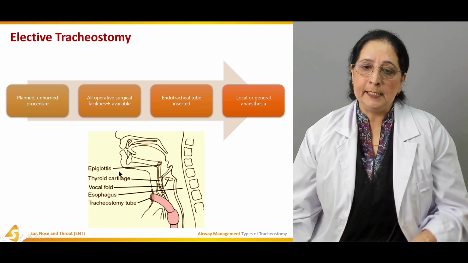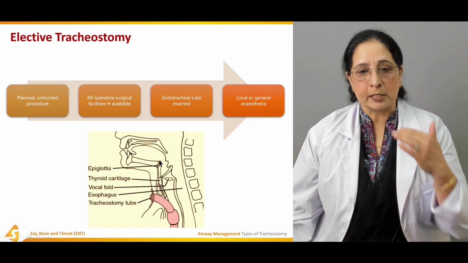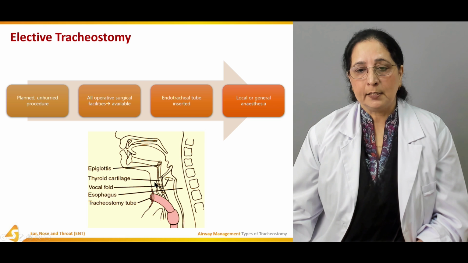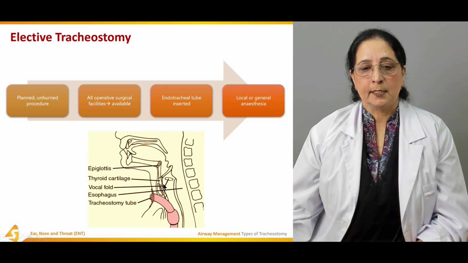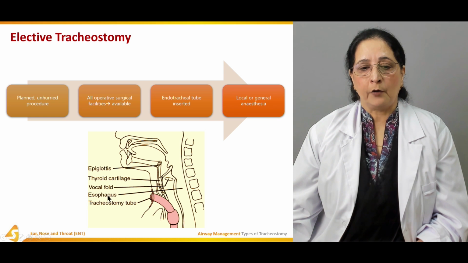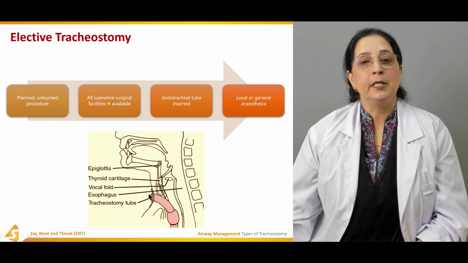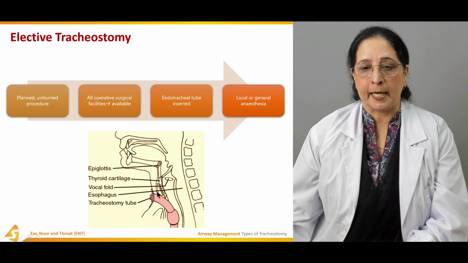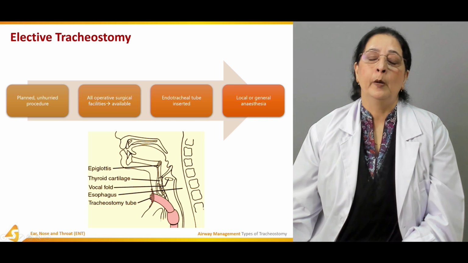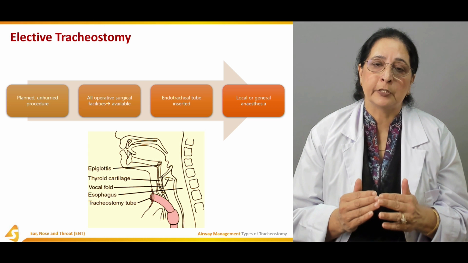If you just see the anatomical position, here this is the epiglottis, thyroid cartilage, vocal folds, this is the esophagus, and then we have tracheostomy tube with stoma made on the surface of the skin. So tracheostomy tube, and this is an elective procedure, it's not an emergency procedure.